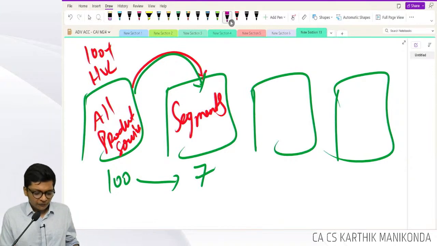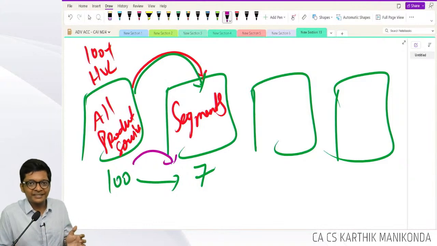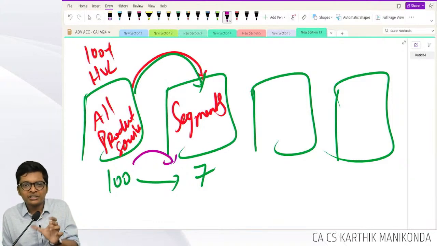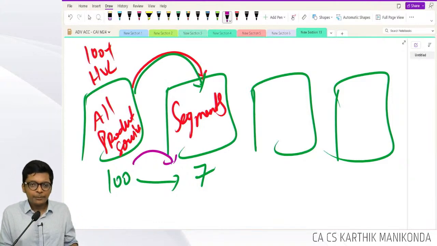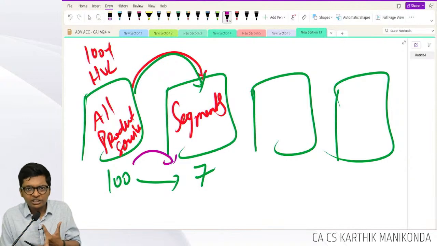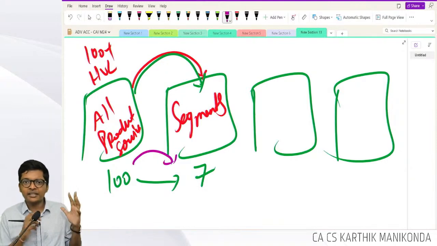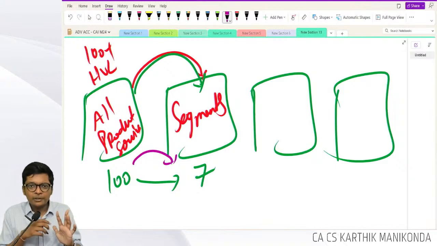Now, for this there is a definition. How to classify? Classify on a geographical basis, country wise, or a business basis, based on nature of goods, products and services. Based on the risk, method of production, method of distribution, I can classify the products and services. We have a definition: either business segment or geographical segment.